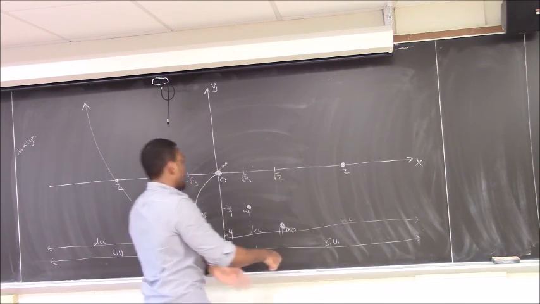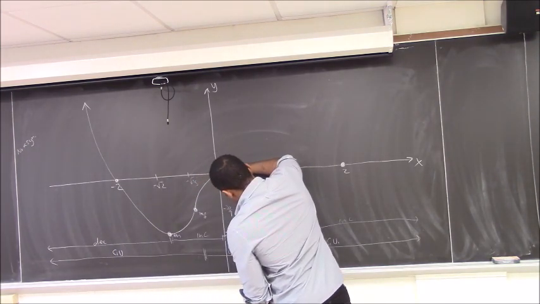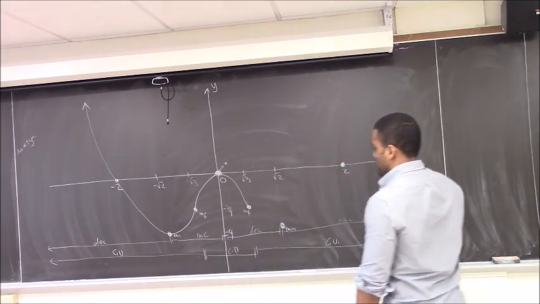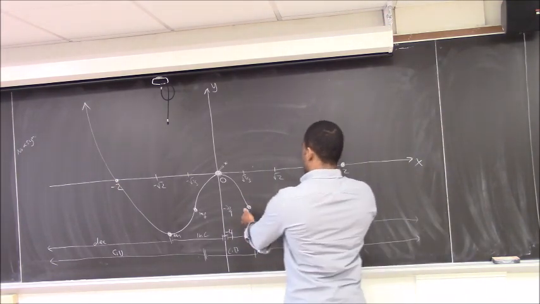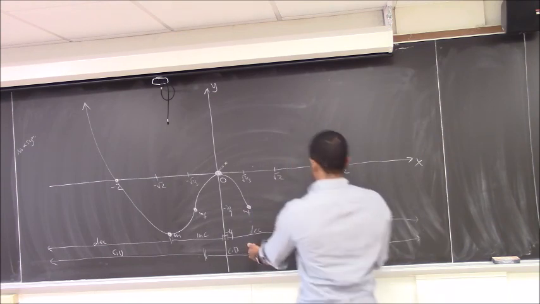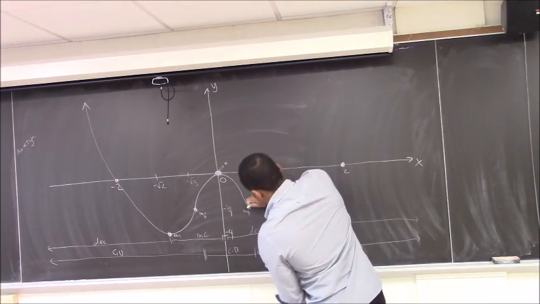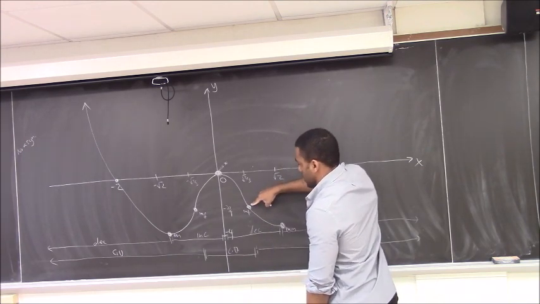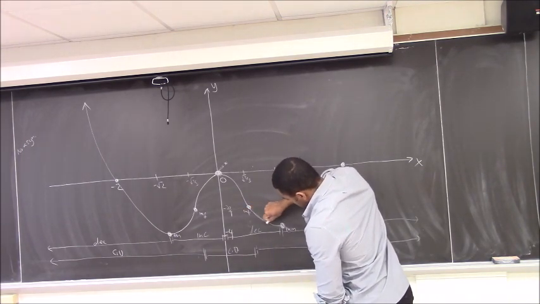So I'm decreasing concave down, so I'm decreasing shape like a frown, and here I'm still decreasing, but now I'm in the concave up section. So I'm decreasing concave up, I shape like a smiley face. Notice that here there's an inflection that happened. So now I'm a smiley face.